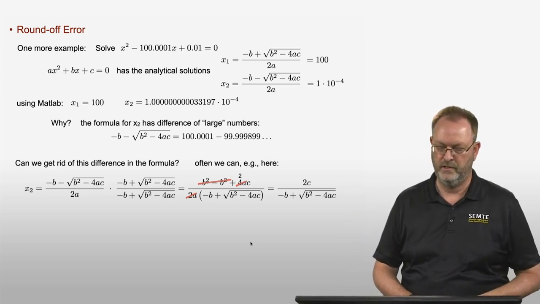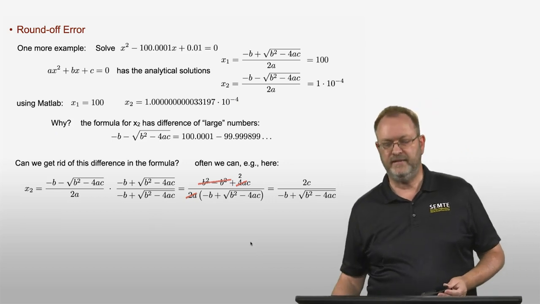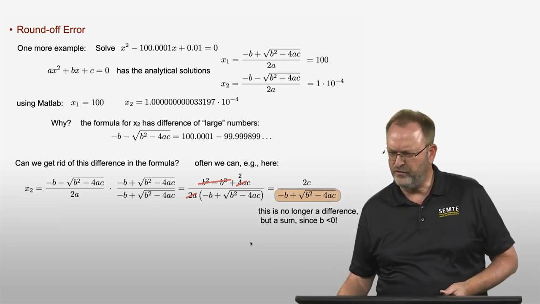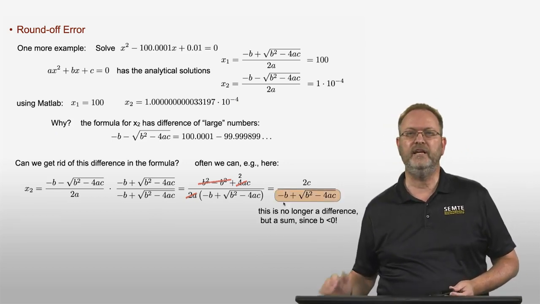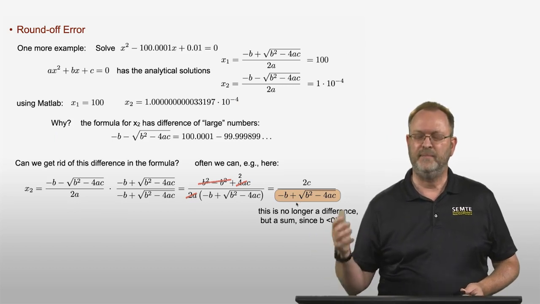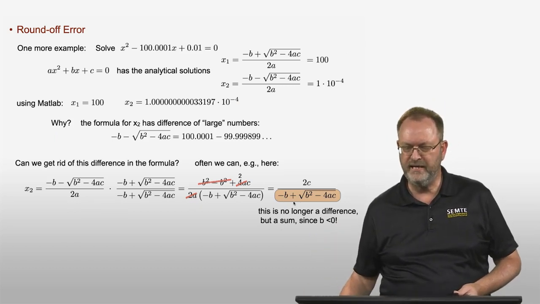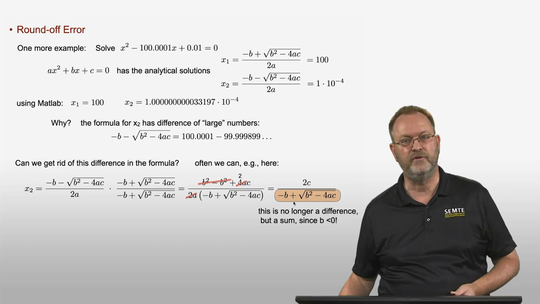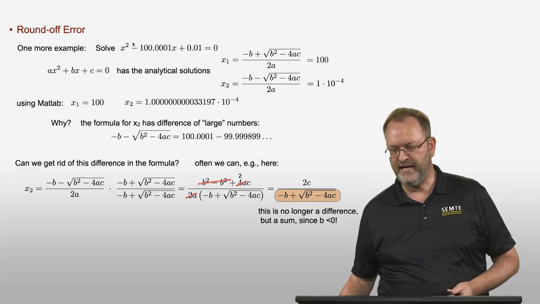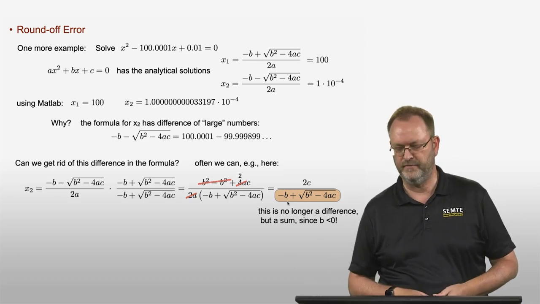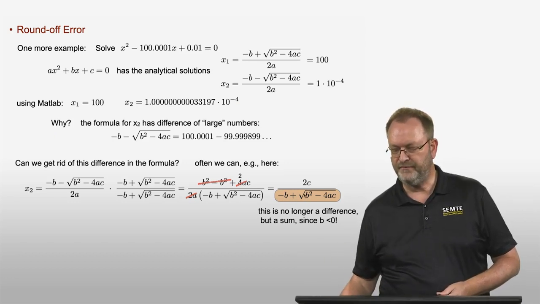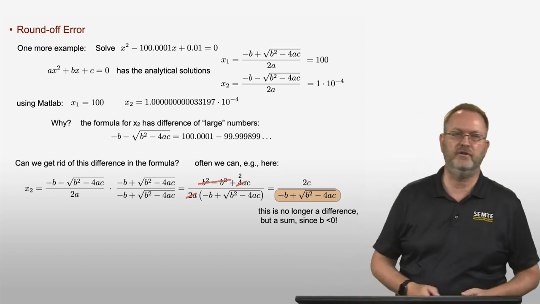If you look at the denominator, it kind of looks like I now have a difference. But that's actually not true, because b in our example here was negative. So minus a negative number is a positive number, and plus the square root is always positive. So we don't have a difference anywhere anymore in this term.